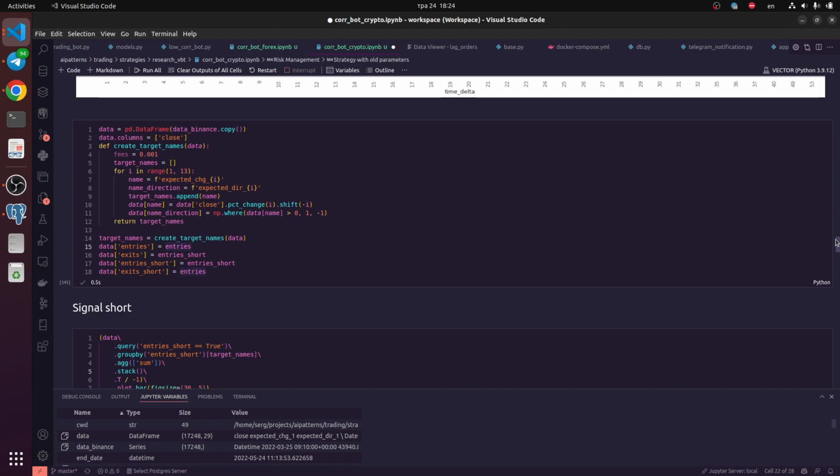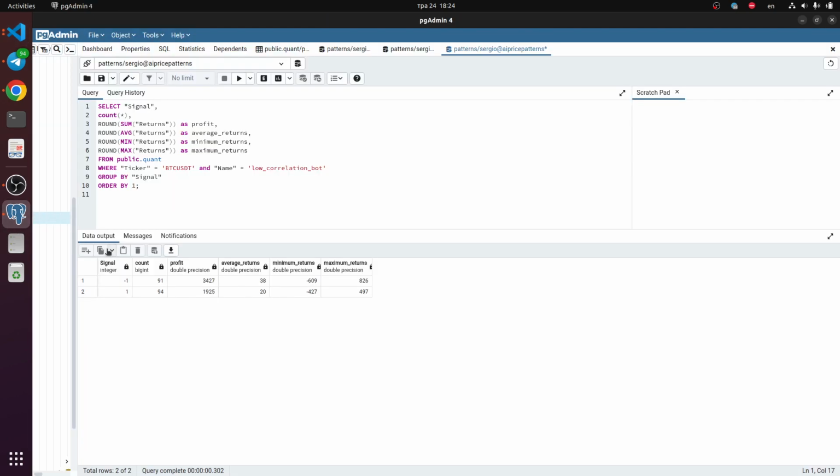results, and do some analyzing. And let's look into the Postgres database, and I did this request, and I select signal and calculate profit, average returns, minimum returns, maximum returns, and I do the request with the low correlation bot, and I'm going to group by signal, and I would like to understand which signal is the most profitable for our situation.